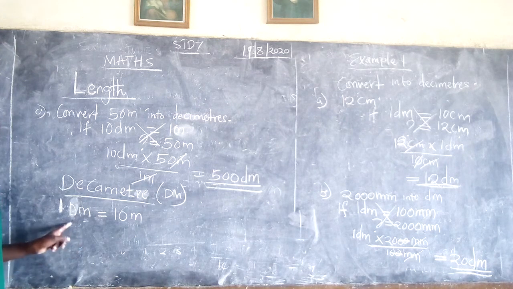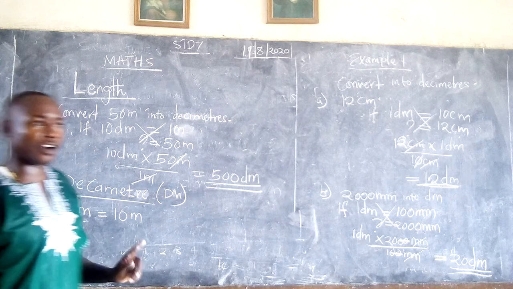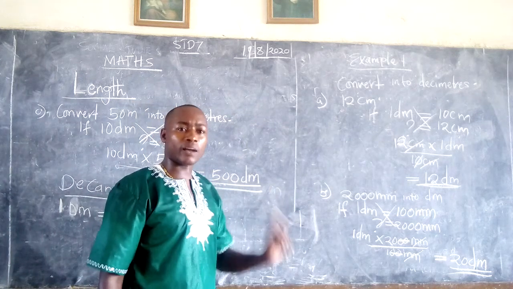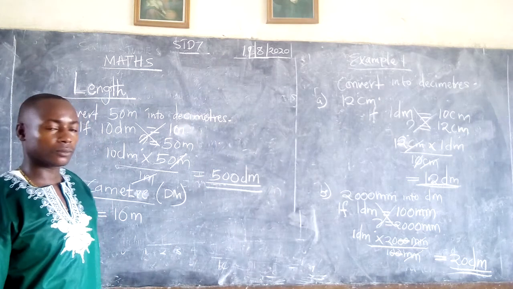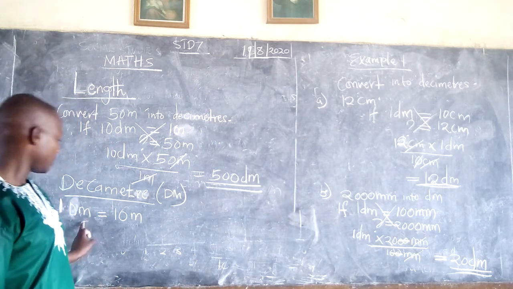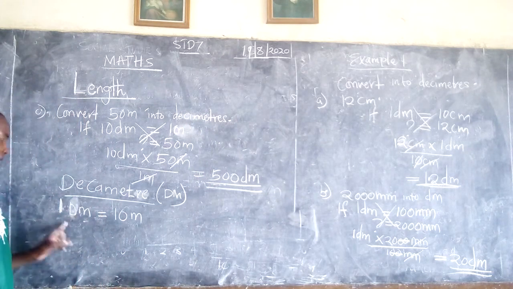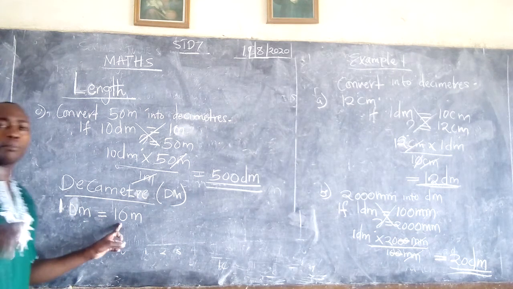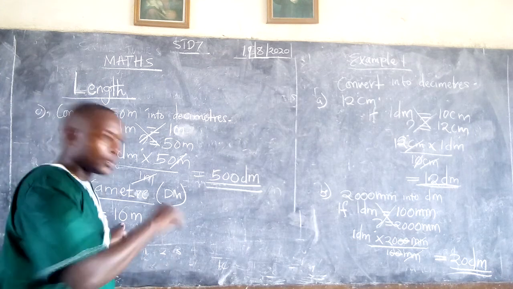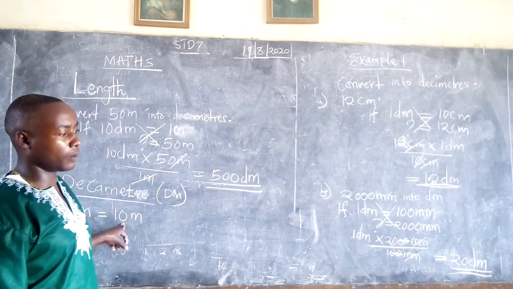So 1 decameter is equivalent to a length of 10 blackboard rulers.